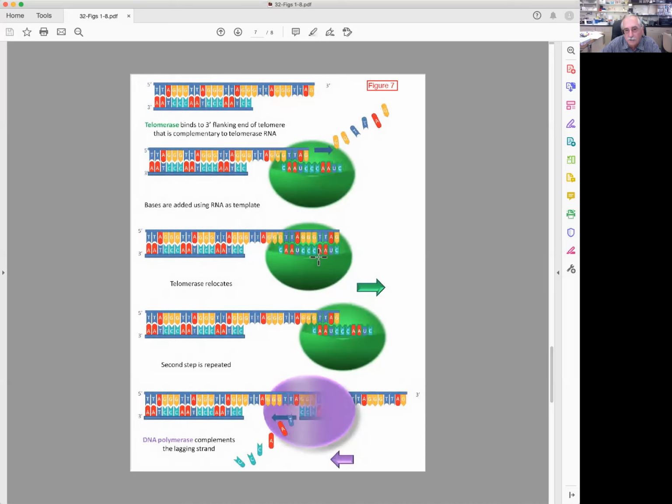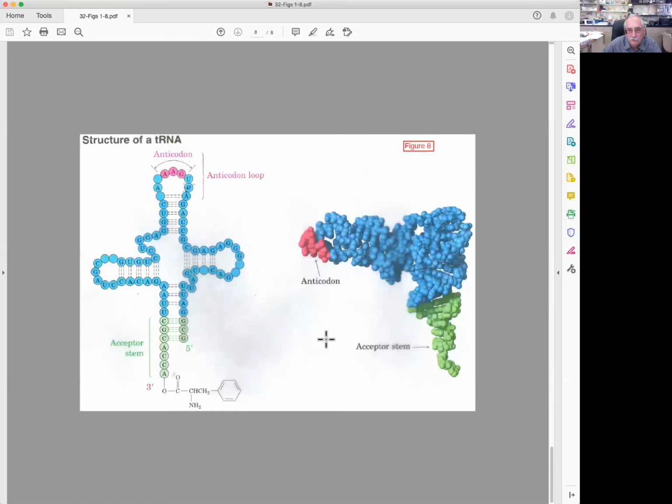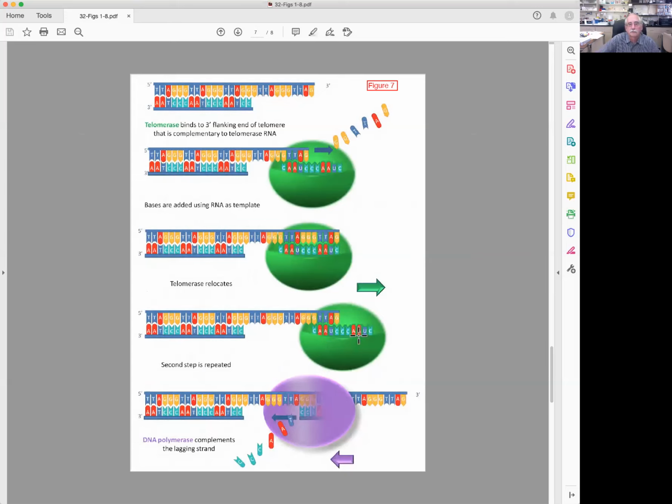Okay, so across an A will be a T, right? Across a U will be an A because a T is replaced by U in RNA. Okay, and then telomerase moves out of the way, and then DNA polymerase can bind, and then it says, oh, now I know what to do. I start putting DNA there. Okay.